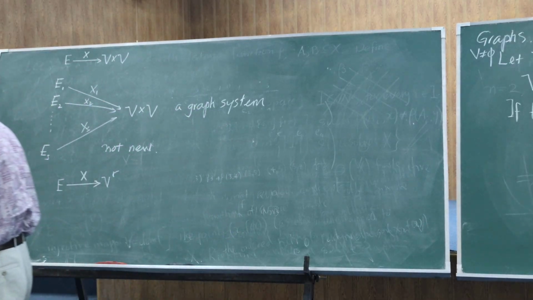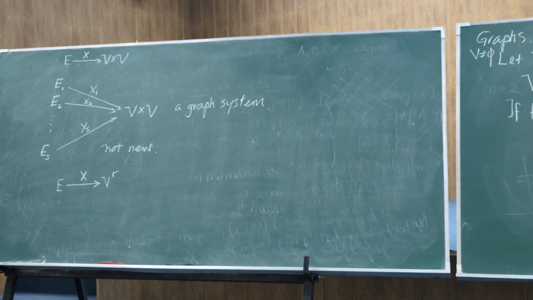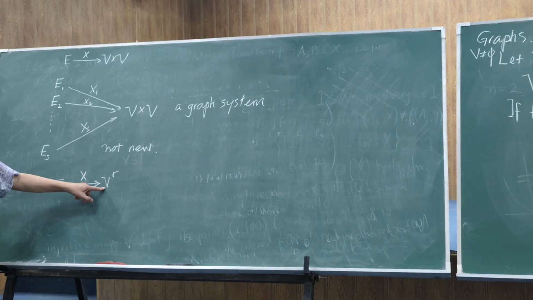What does this give us? Let us assume for the moment that X is injective. We get a very well-known concept: an r-ary relation on V. The order matters, and the elements inside can be repeated. You can't permute and get the same one. This is an r-ary relation X on V.